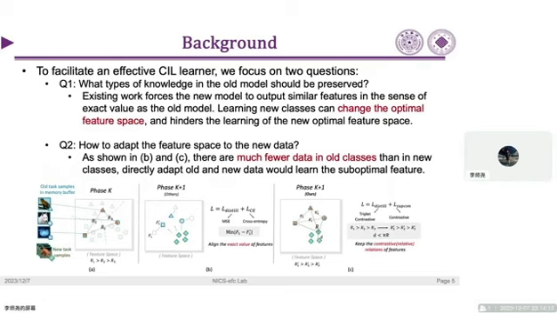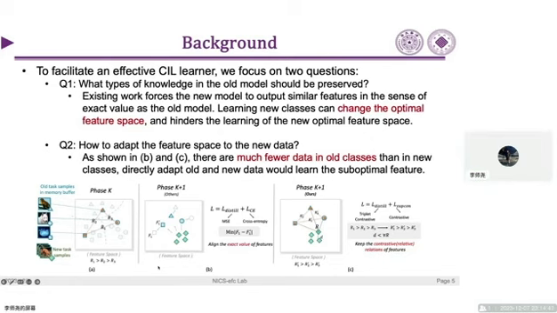To facilitate an effective CIL learner, we focus on two questions. Question one: what type of knowledge in the old model should be preserved? Existing works focus on making the new model output features similar to the old model in the sense of exact value, as we can see in this figure.